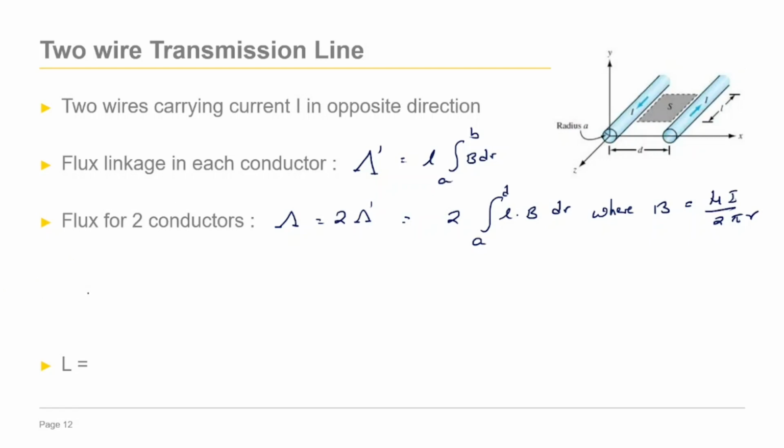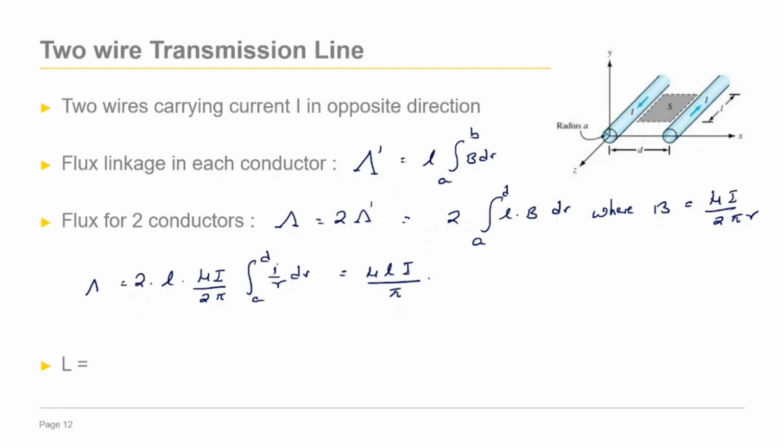So my total flux linkage here is going to be 2 times L times mu I by 2 pi integral a to d 1 by r dr, which turns out to be mu L I by pi, because the 2 and 2 cancel out.